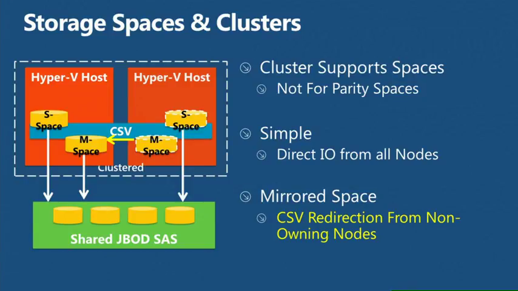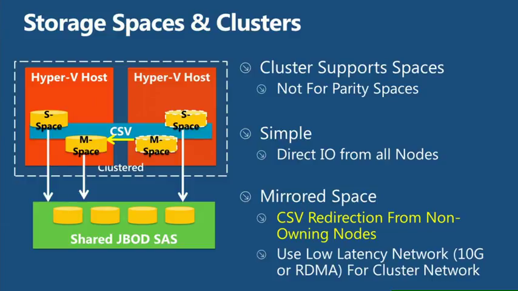This is a limitation that you need to be aware of if you're provisioning and you plan to get into this mode of running a VM on a mirrored space from a non-owning node. For whatever reason, you're migrating a VM onto a different node for load balancing your CPU or memory. So you just have to be aware of it. And our guidance is to use, in this case, low latency, high throughput network devices like RDMA or 10 gig E for the CSV management channel, the cluster management channel.